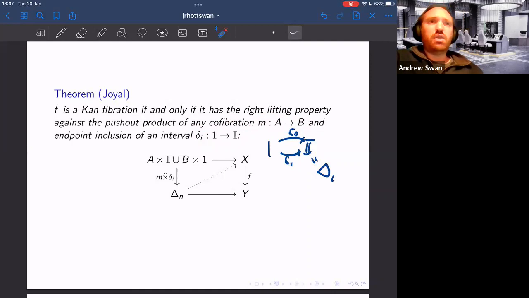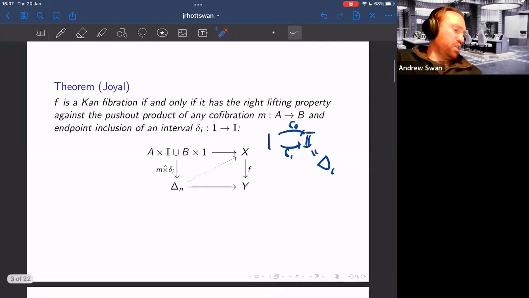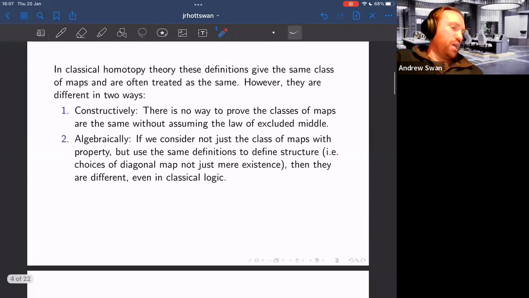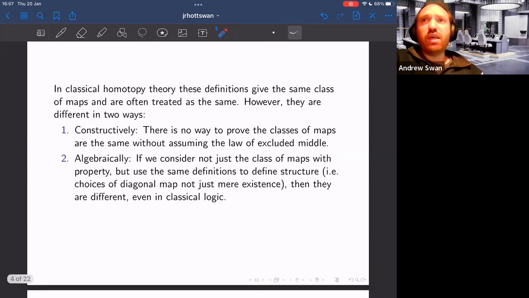Okay, and so this is another way of defining Kahn fibrations, and they're equivalent in the sense that they give the same class of maps when we assume the law of excluded middle.